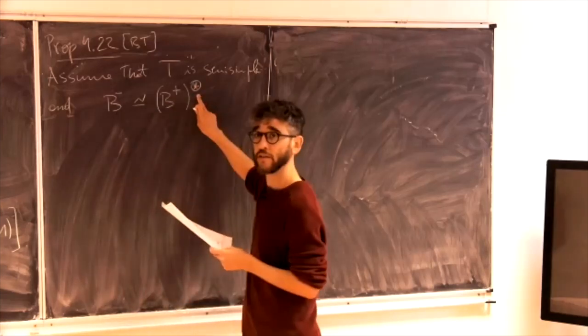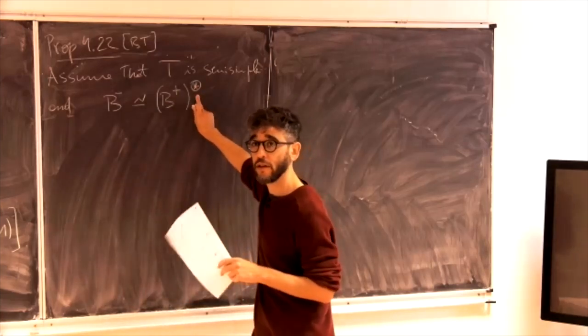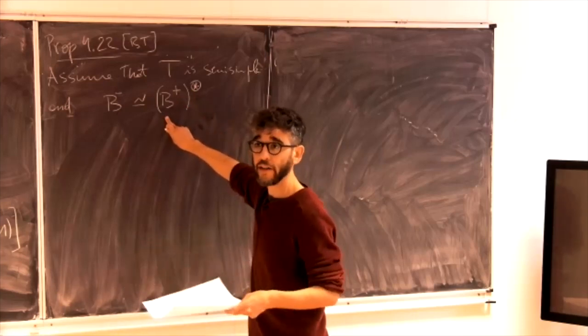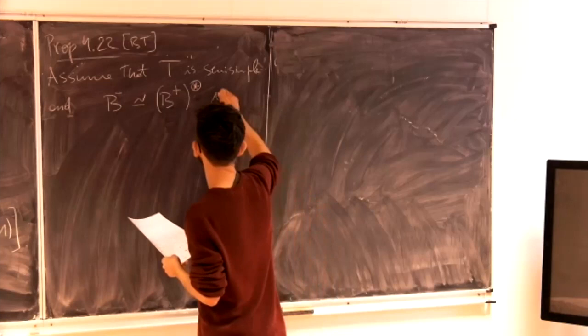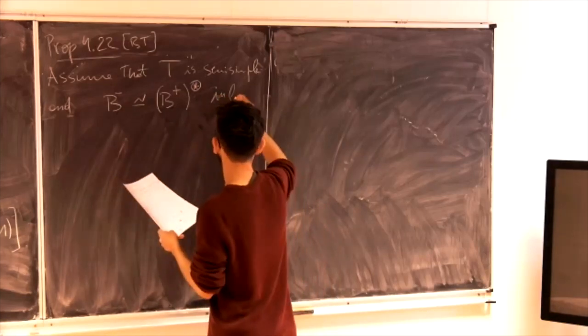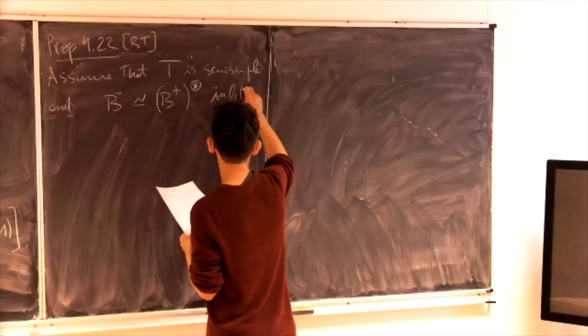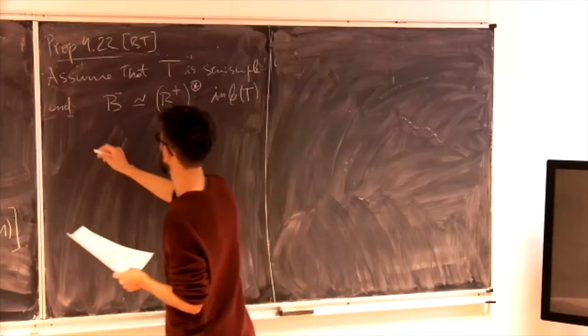I didn't explain what this means, but it's the dual of B plus with a certain grading, in such a way that it is an isomorphism in the category of T-modules, and it's graded.